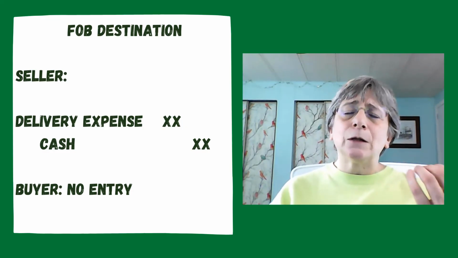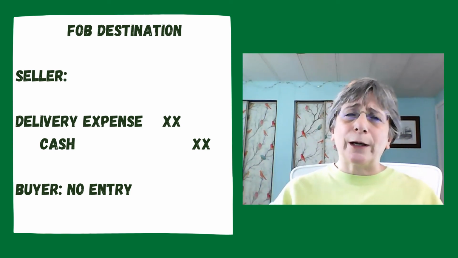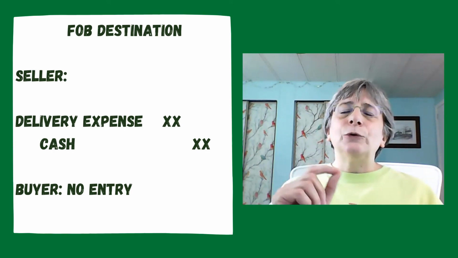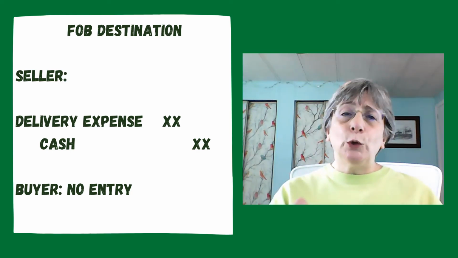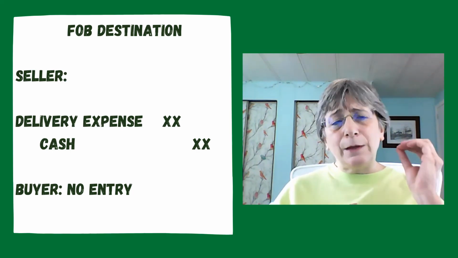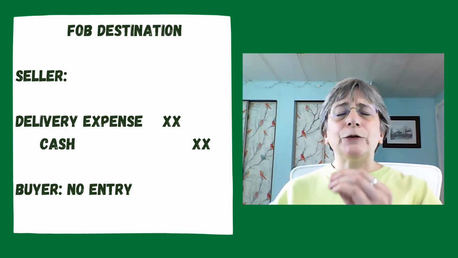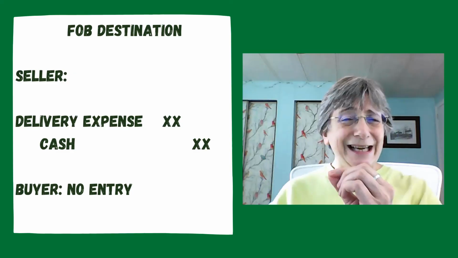So it's going to be something like delivery expense, debit, and then a credit to cash or accounts payable. It all comes down to who's responsible and who is paying. Under FOB destination, the seller is paying and the seller is responsible until it's delivered to the destination for the buyer. So there you have it.